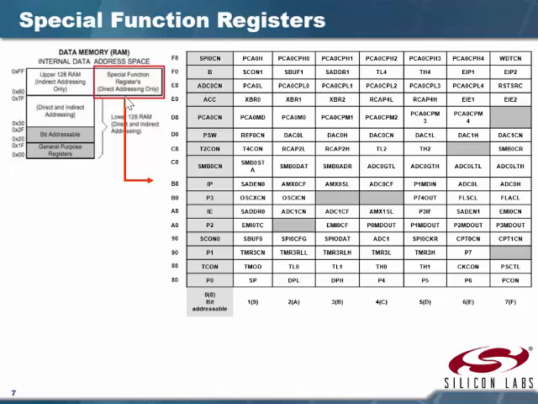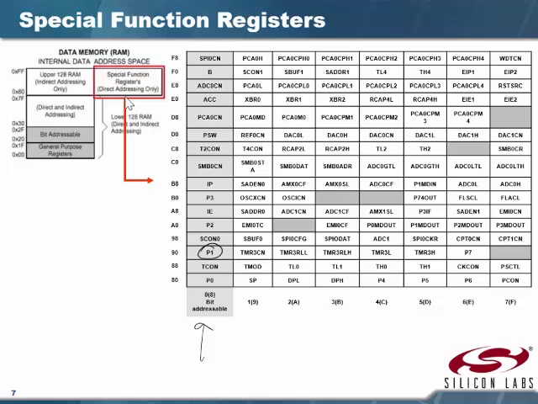Each one of these bytes along here has a purpose. This is one we talked about before. Remember when I did Blinky, I talked about location 90. That's port 1.